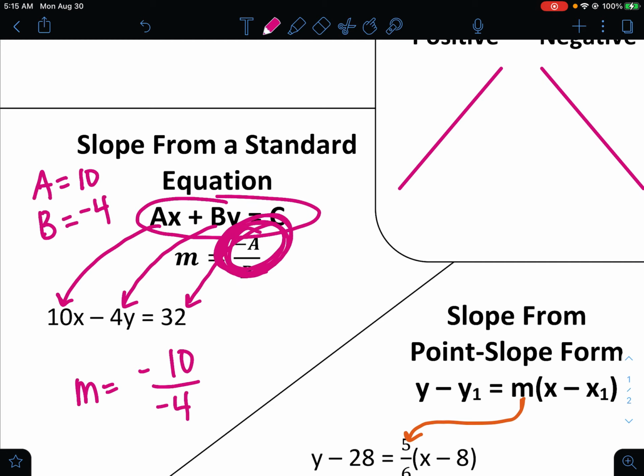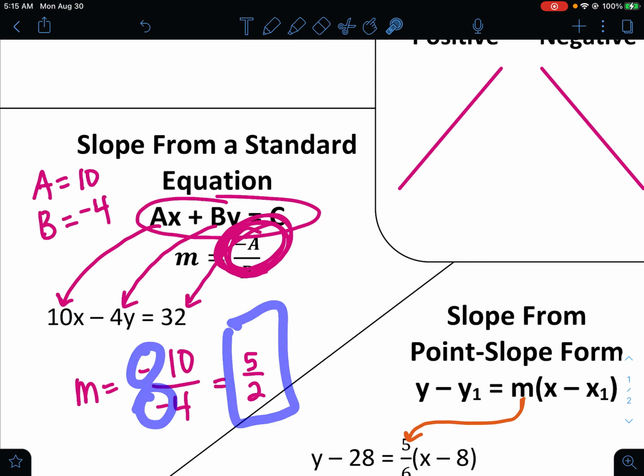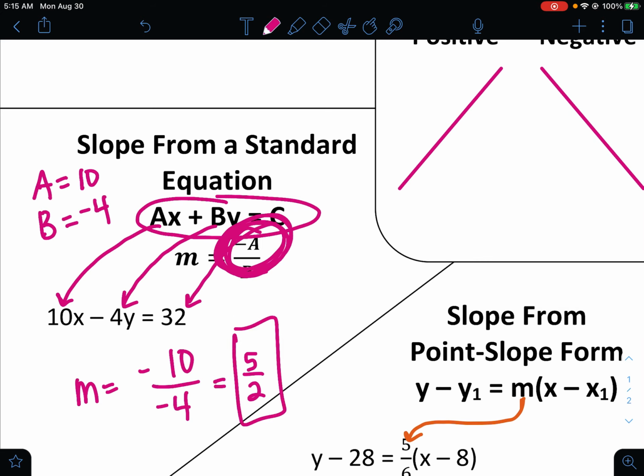And B was already negative, so B just stays the same. Then we just reduce that. And since there are two negative signs, just like I told you before, that makes this a positive fraction, a positive slope.